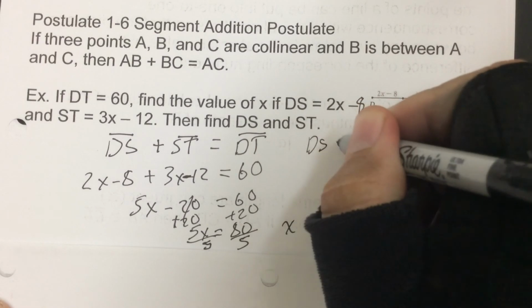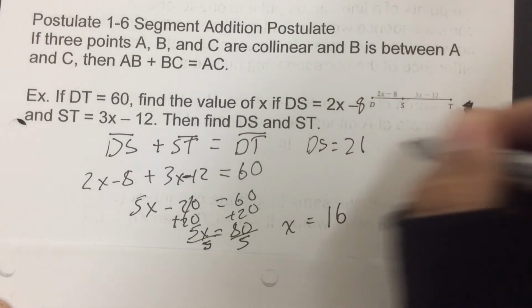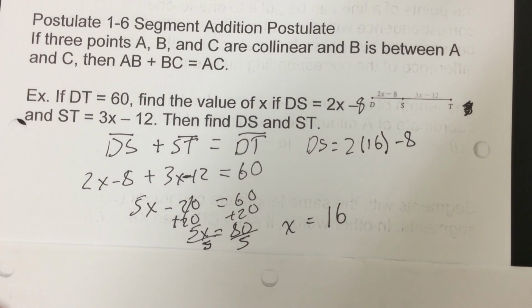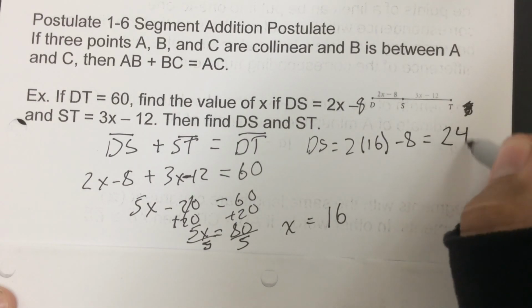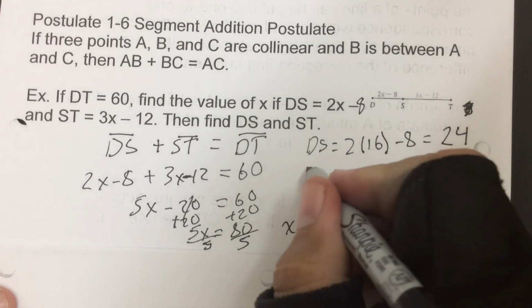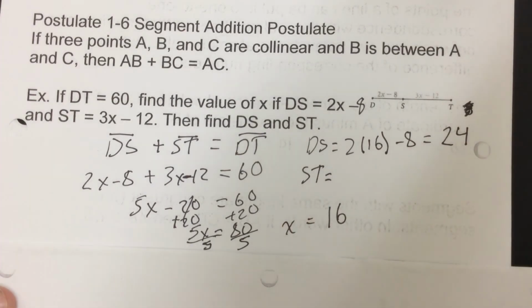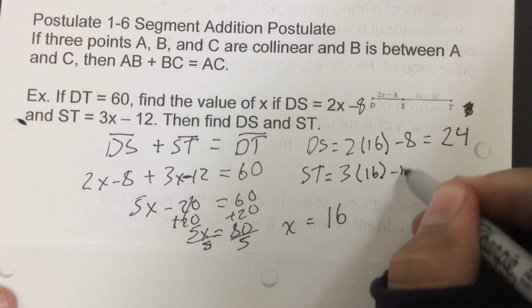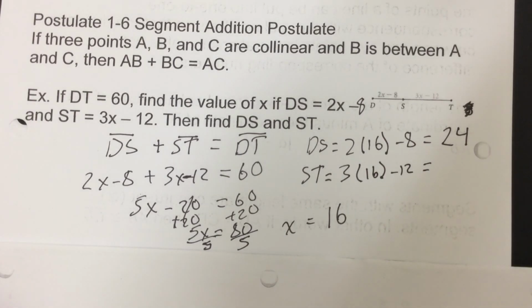So DS was 2 times our x, which is 16, minus 8. 2 times 16 is 32, and 32 minus 8 is 24. Okay, and then ST, we have 3 times our x, so 3 times our 16, minus 12. 3 times 16?